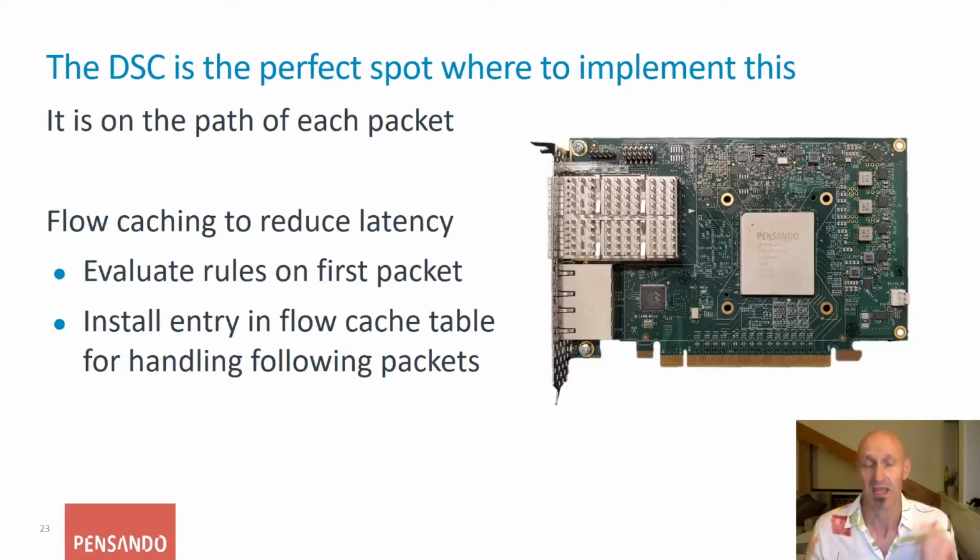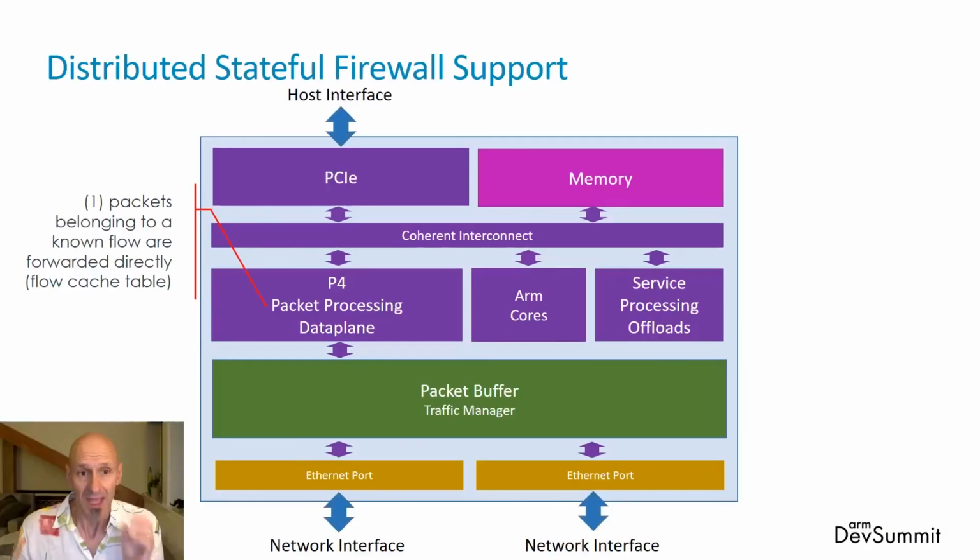So the idea is only the first few packets will be evaluated against a set of rules, and then once the rule that the particular flow matches is identified, a flow entry is created in a flow table and associated with the action that the rule identified for that particular flow. So let's take a look at the architecture of the DSC and see how the firewall is implemented on such an architecture.